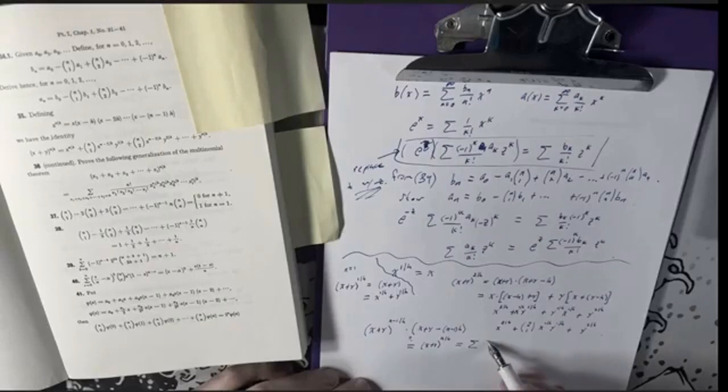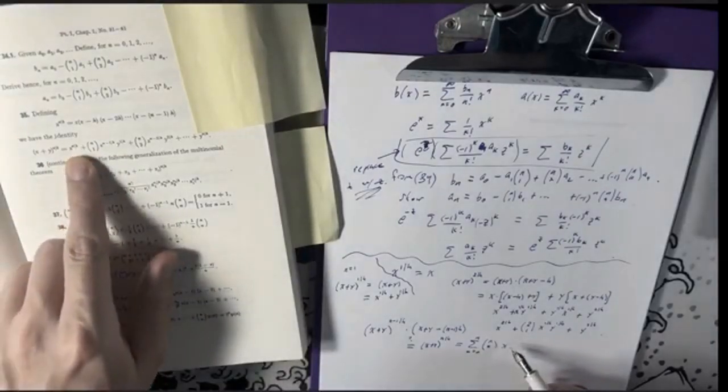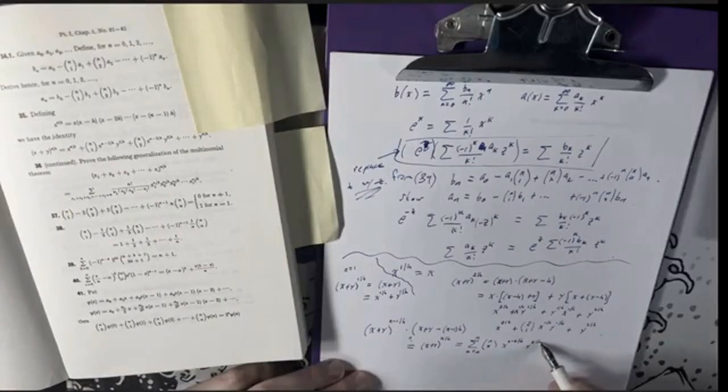Our sum of n choose k as k goes from 0 to n of x to the, I suppose you could go either direction. Let's do n minus k given h times y to the k given h, right?